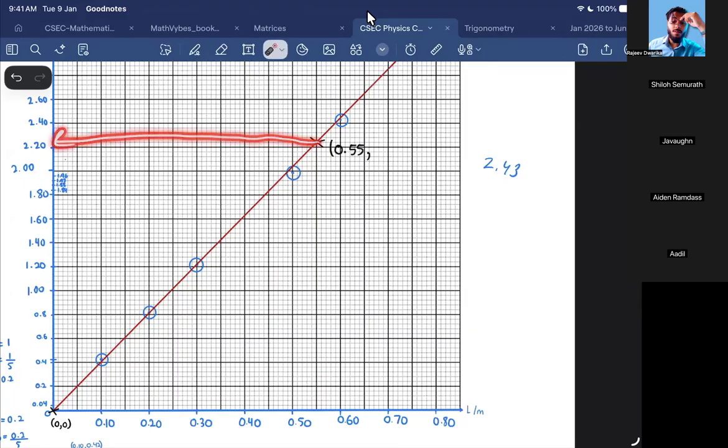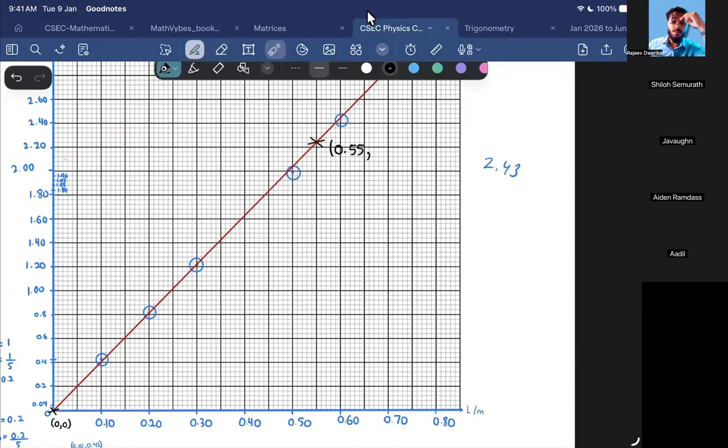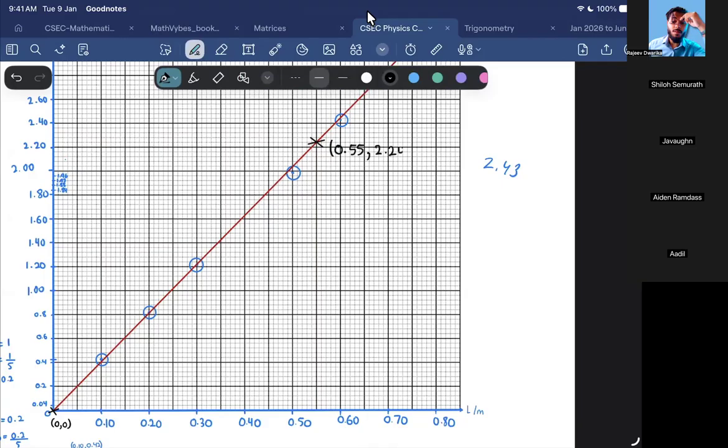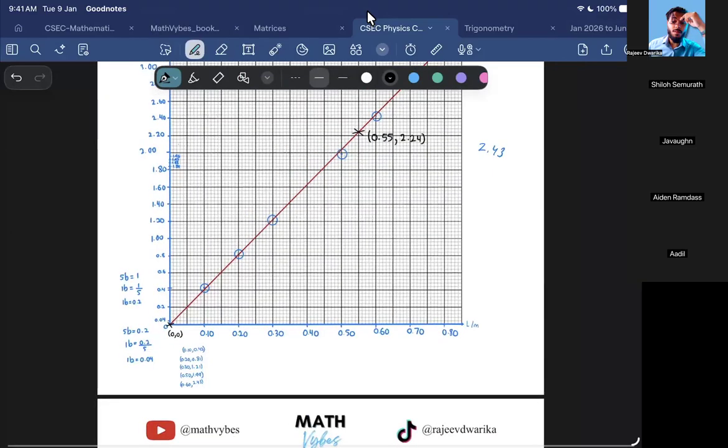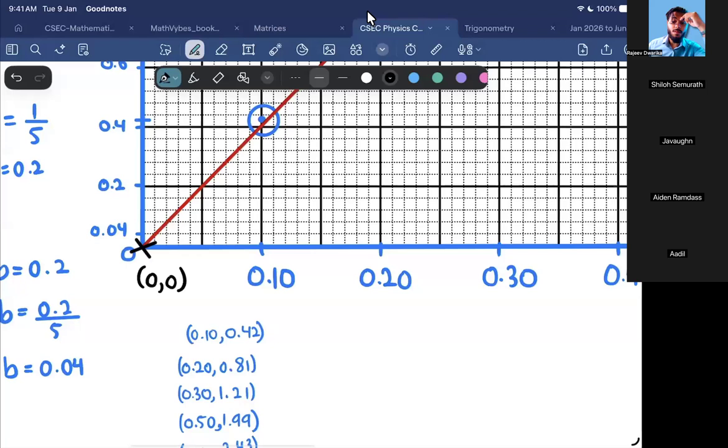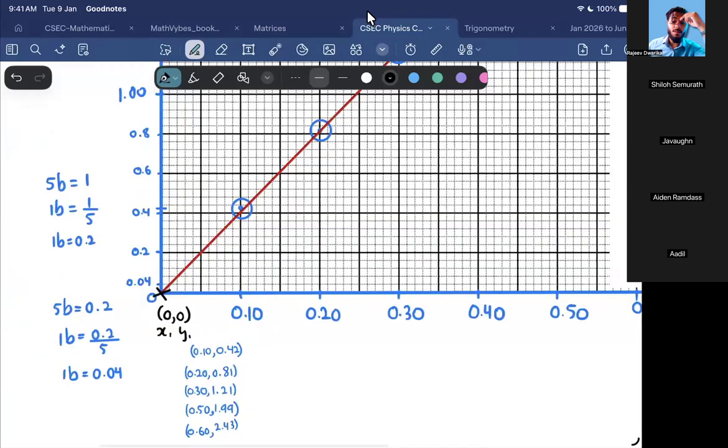What does that look like? 2.24. Does it matter which one I label x1, y1 and x2, y2? Yes, sir. It doesn't matter, but logically I should label this x1, y1 and this x2, y2.